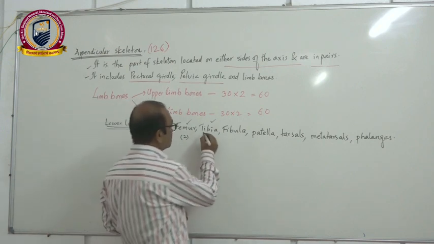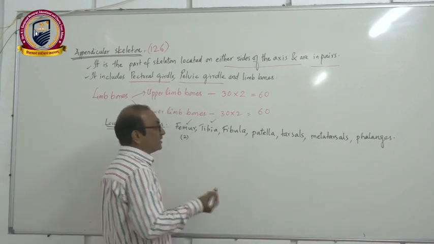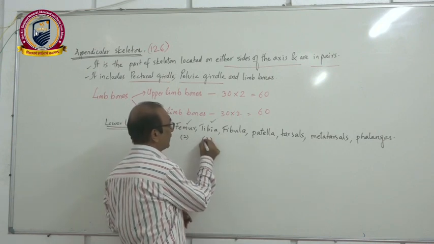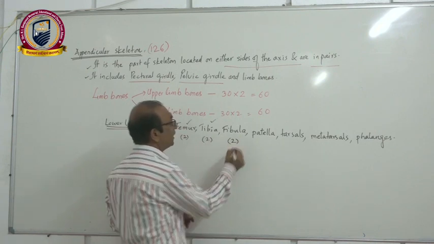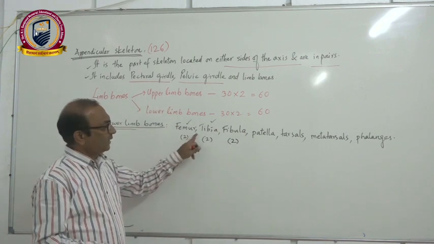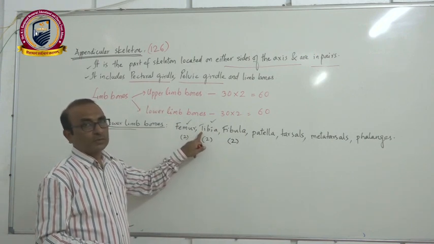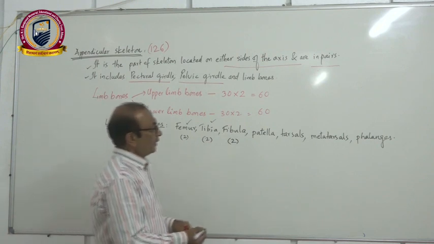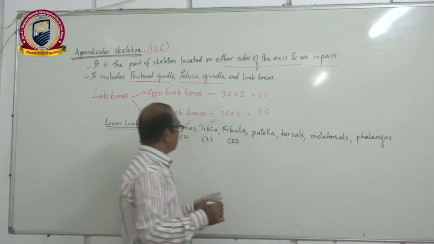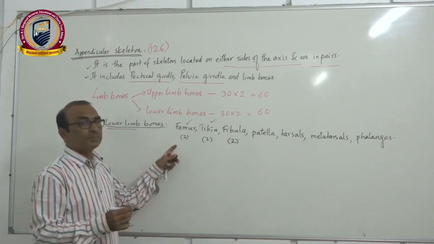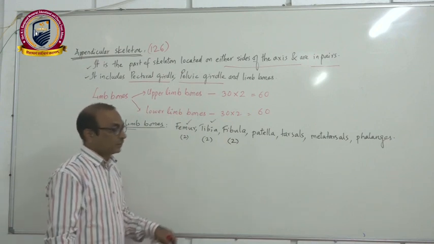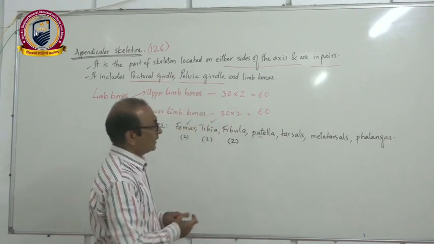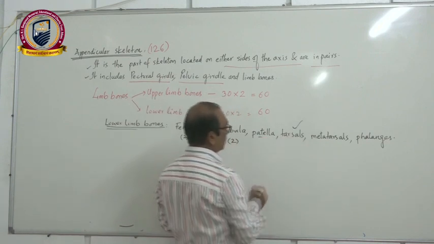So in each leg one tibia, so there are two legs, two tibia, and similarly two fibula. Tibia is the strong thick bone, whereas fibula is very thin bone, and these two are articulating with the femur on the upper side, and at the lower side they will be articulating with the tarsals.